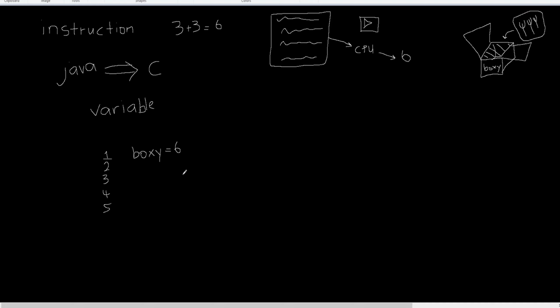So, the thing is, let's say later I was to write a line of code that looked like this. It said print Boxy +3.